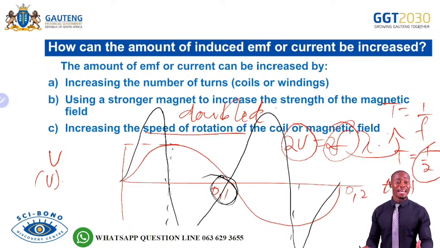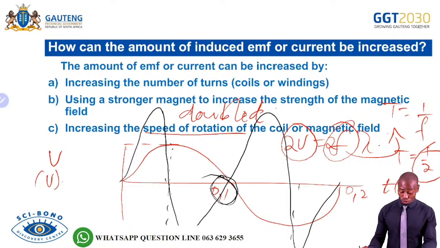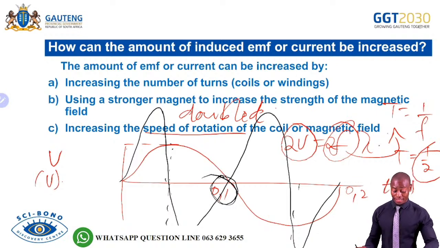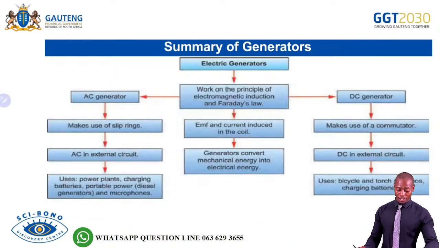But when it comes to A and B, the only thing that is being affected there is the induced EMF, right? But when it comes to C, it should be induced EMF and the frequency. If the speed is doubled, the frequency is also going to be doubled. Then what about the period? The period will be halved. So please be careful when it comes to that.